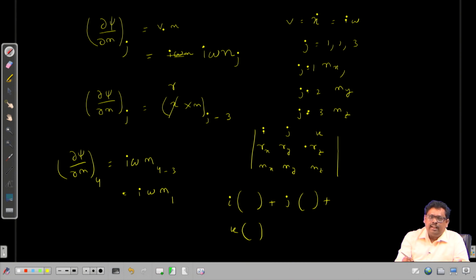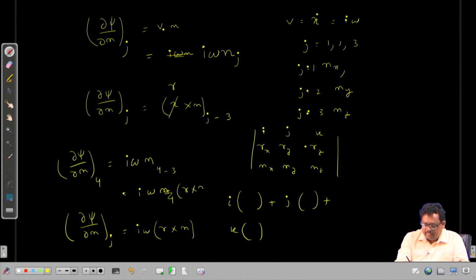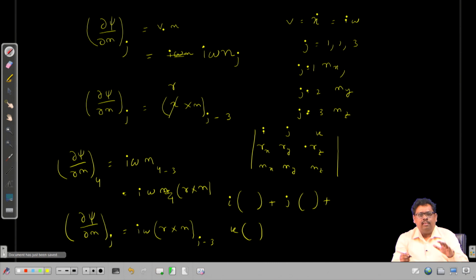That is why in common you can write del psi del n at the jth mode as i omega into r cross n into j minus 3, right. So, this is all about the radiation potential.